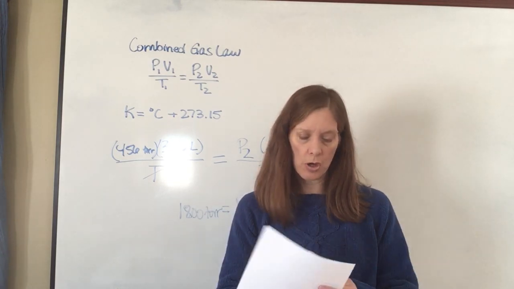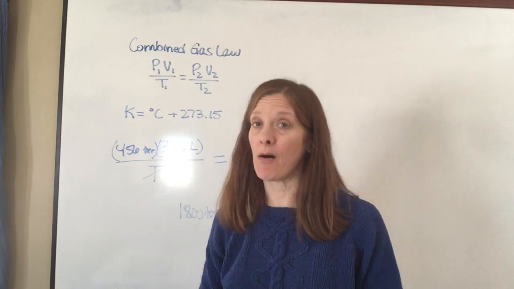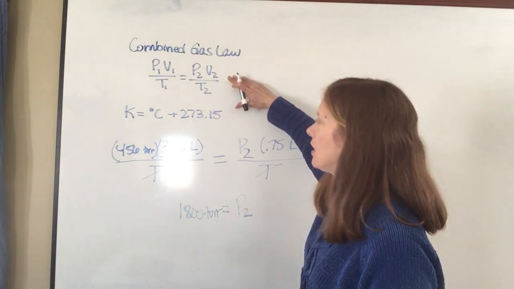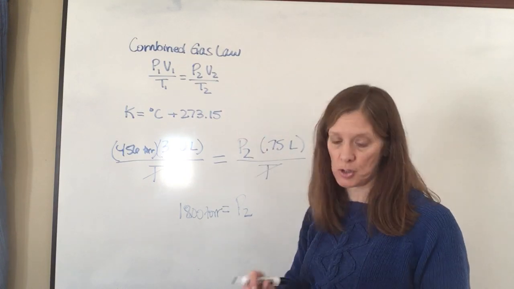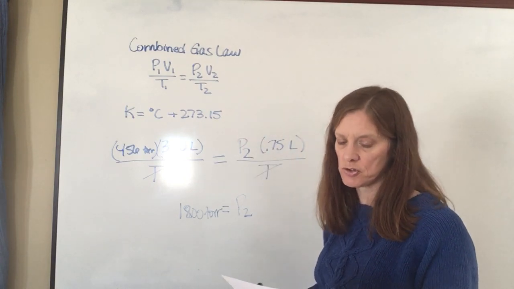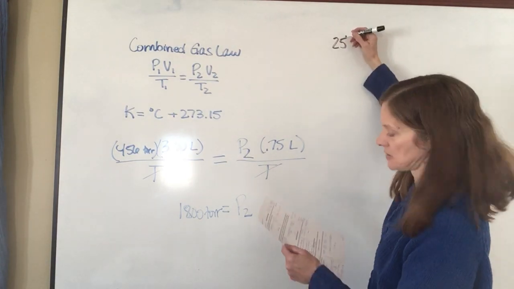First of all, you will notice that the temperature is not in Kelvin, it is in Celsius. And we said anytime we use this law, we have to have our temperatures in Kelvin. So the first thing I'm going to do is change these temperatures to Kelvin. My first temperature is 25 degrees Celsius.